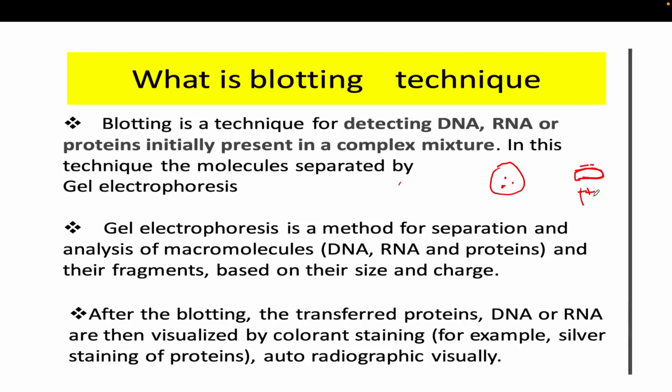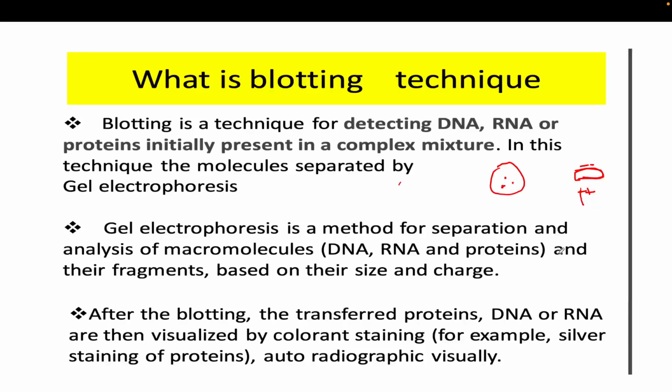Based on the molecular size, length also plays a role. If it is higher in molecular weight, then it will run slowly, and if it is low in molecular weight, then it will run fast.